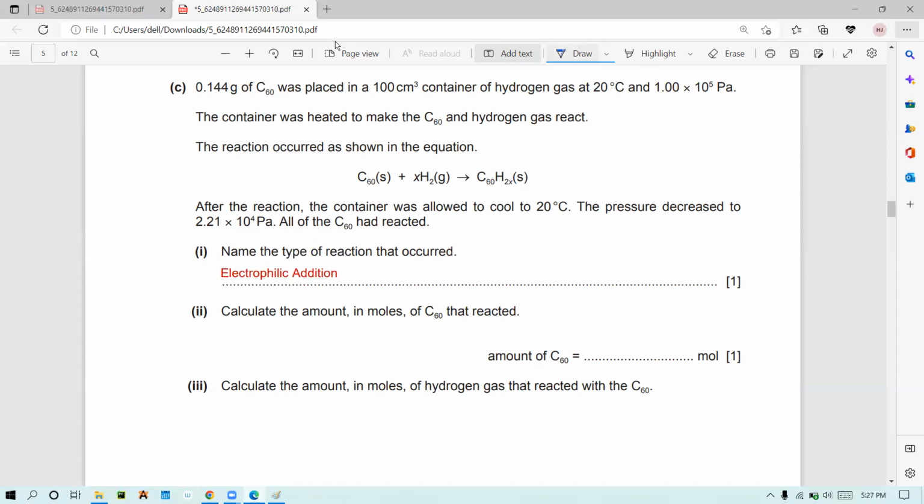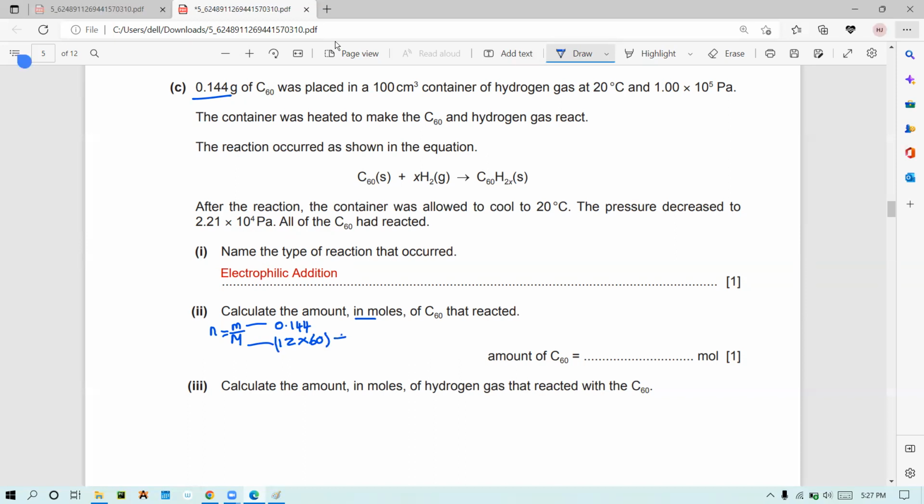Because everyone is used to the formula, I also will do the same thing. We want to find the moles. Moles is equal to mass over molar mass. Mass is given, 0.144. Molar mass means 12 times 60, because there are 60 carbon atoms.